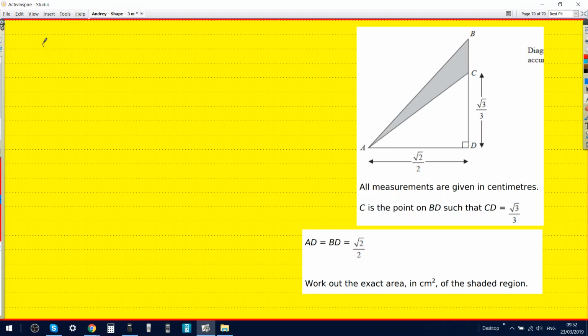Okay, so to work out BC, GD, root 3 over 3 plus x equals root 2 over 2. Why do you need BC?